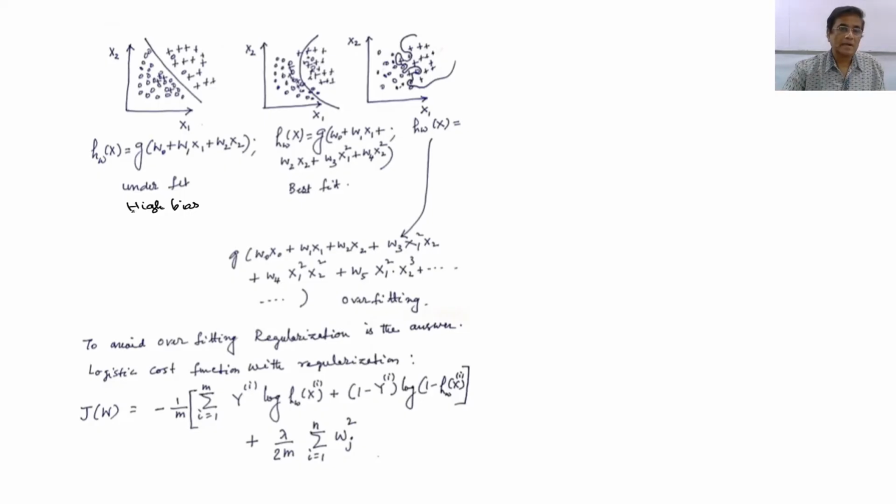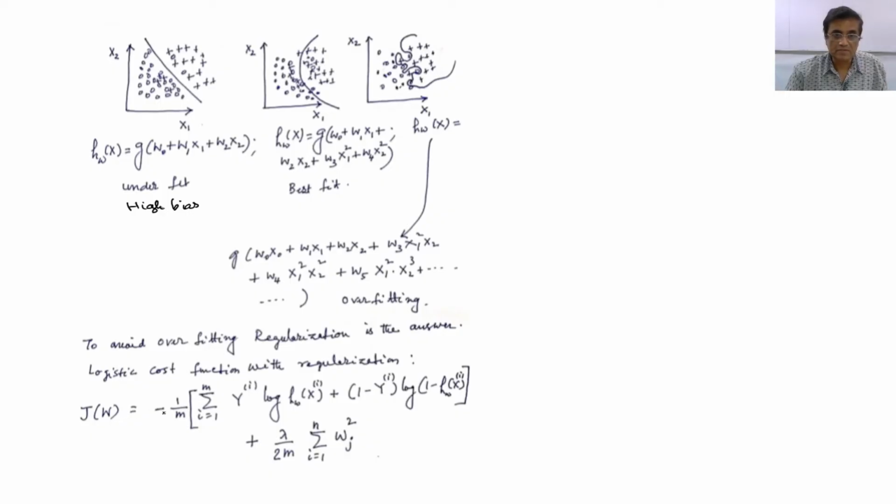The high bias problem can be avoided by making the predictor more complex. So you put in more parameters and more features, but at the same time you regularize. This is a concept similar to what you did in case of linear regression.